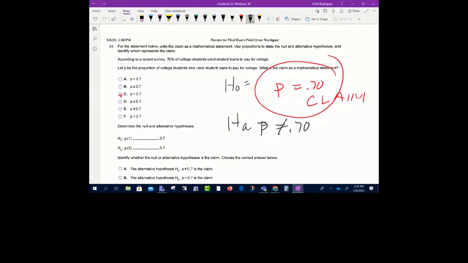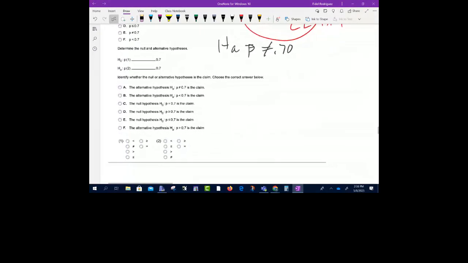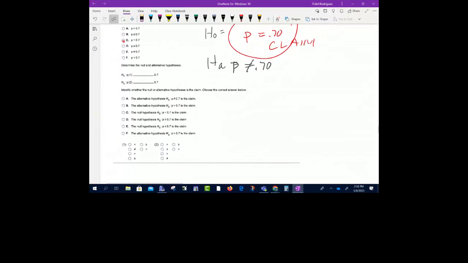Let me zoom out a little bit so you can see what I got. If I look at my choice number one, it's equal to. So we're going to put an equal to here and a not equal to here. Then we ask, which one is the claim? The null hypothesis, the H0, is the claim.